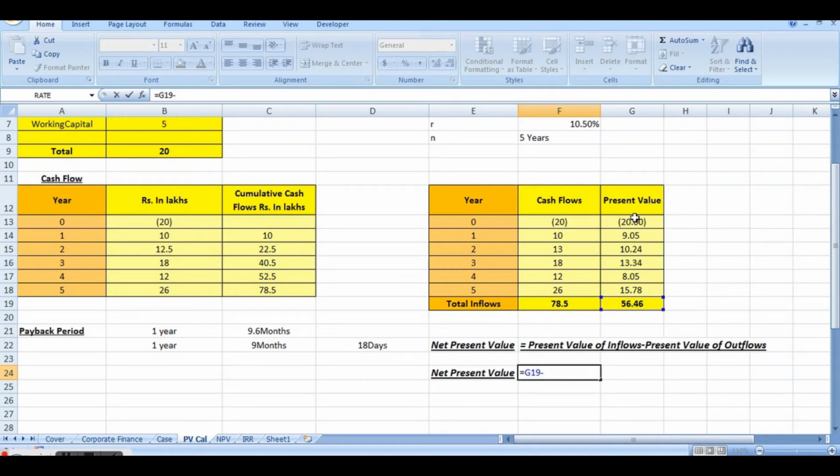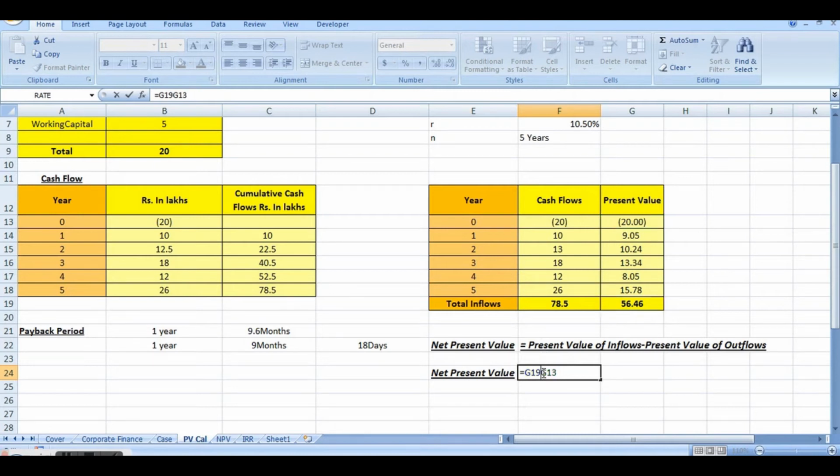What is the present value of outflow? There is only outflow in year 0. In certain cases you may have outflow in more than year 0. In those cases you will have to convert the outflow as well into present value and then take a total of those. But here we have it only in year 0, so we will take it, but it is already having a negative sign.